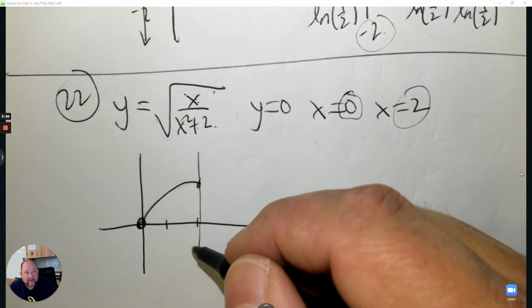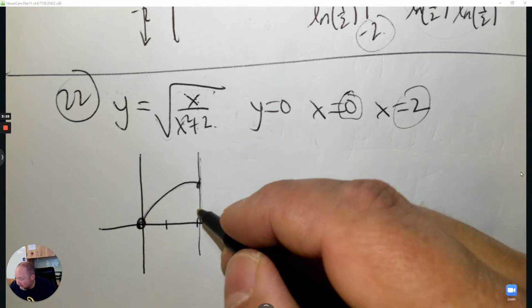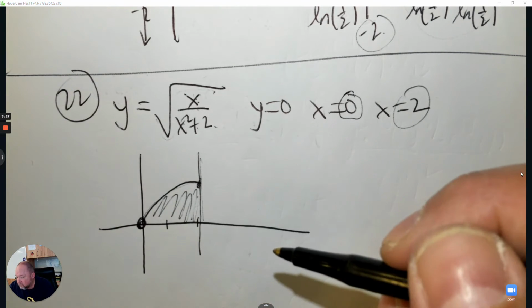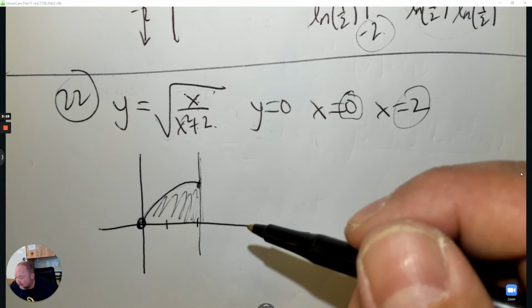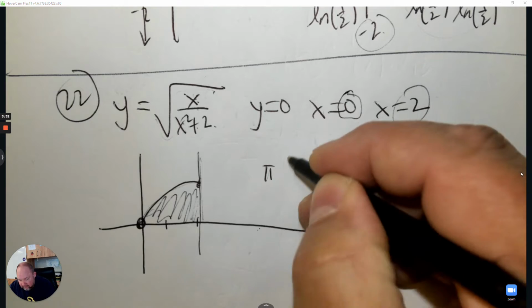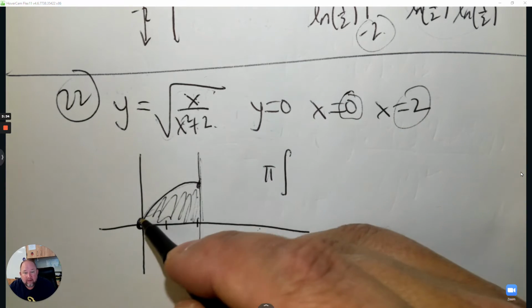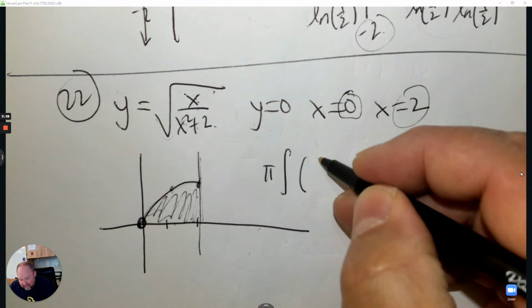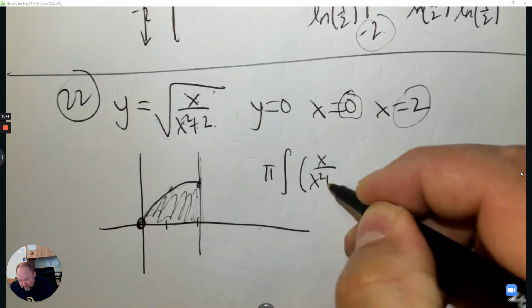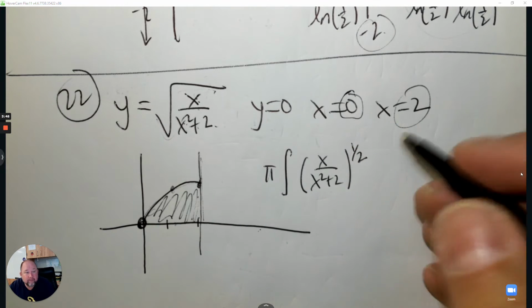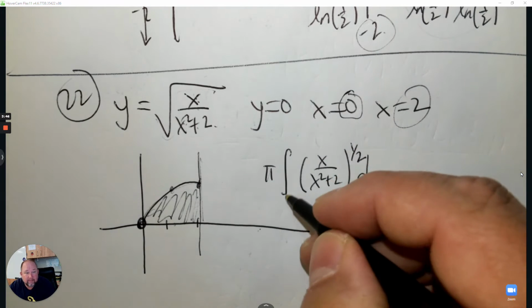So if I think of the volume, this is my base, and I'm revolving it about the x-axis, just one circle. So it's pi. Top subtract bottom is just the curve. I'm going to write it calculus friendly, and the bounds.